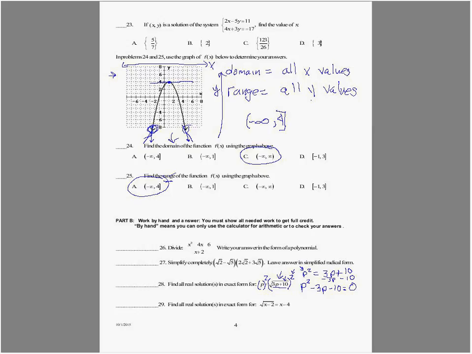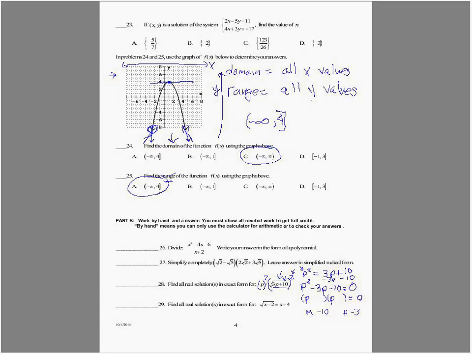The way we're going to solve is to factor. So I know I'm going to have P here and P here. Now I'm looking for two numbers that multiply to be negative 10, but add to be negative 3.